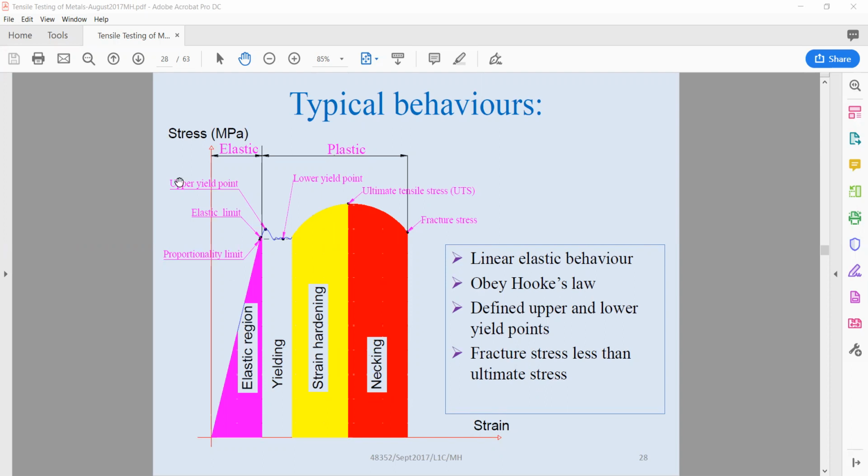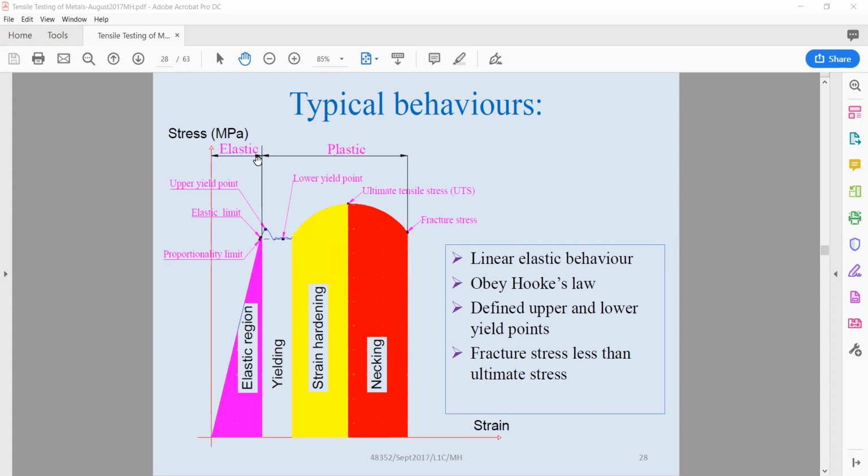So from this stress strain graph, you determine the modulus of elasticity, the lower yield and upper yield. This is the upper yield, this is the lower yield. You can see the definition for a yield. Usually the lower yield is taken as the yield stress. Then you have the ultimate tensile stress, UTS, and then you have fracture stress.